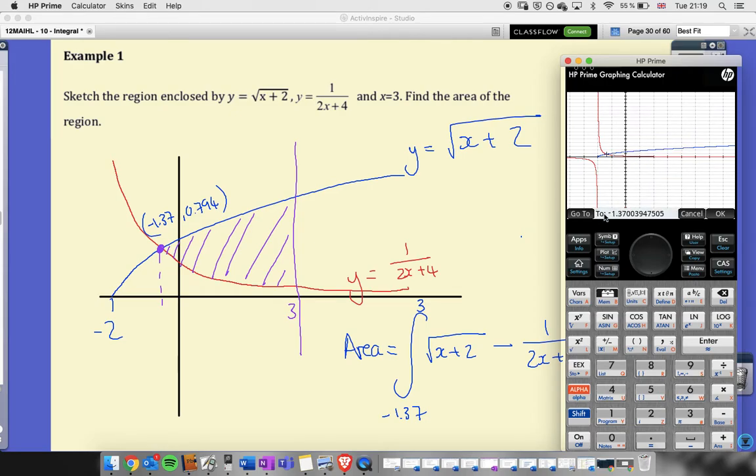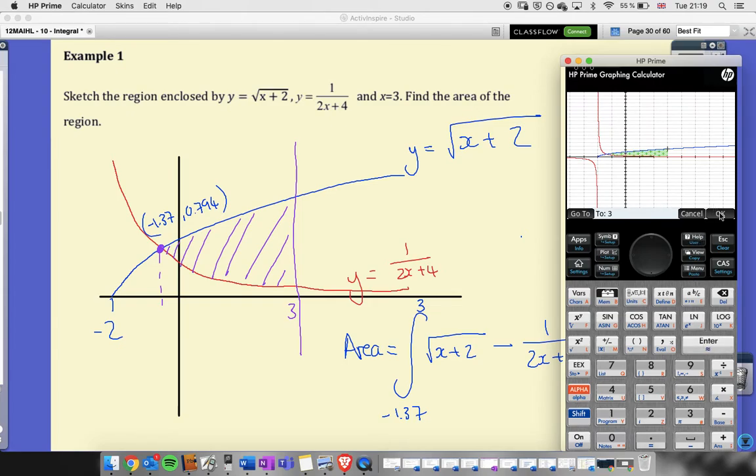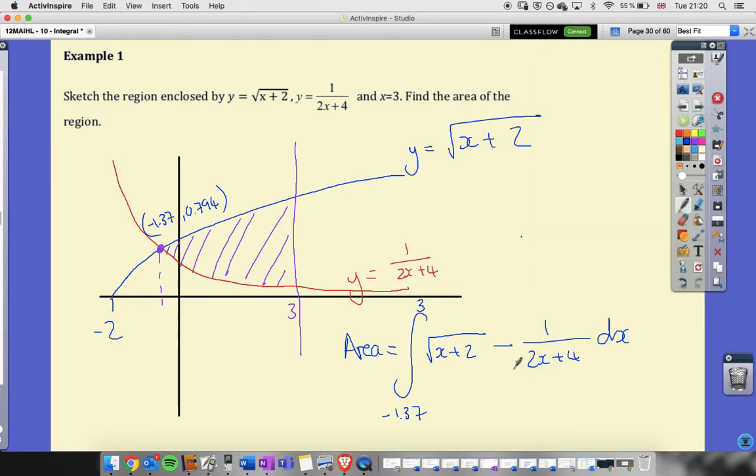And my upper boundary is 3. Okay, and looking at the diagram, it's quite useful because it shows us that, yes, we have got the area that we wanted. And there we go, roughly equal to 6.08.